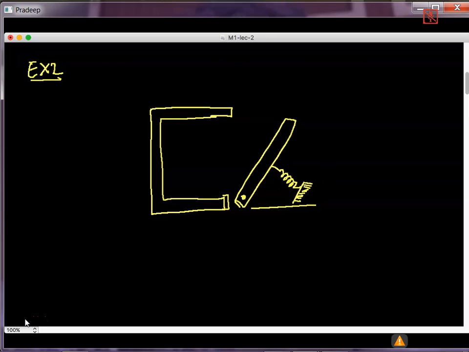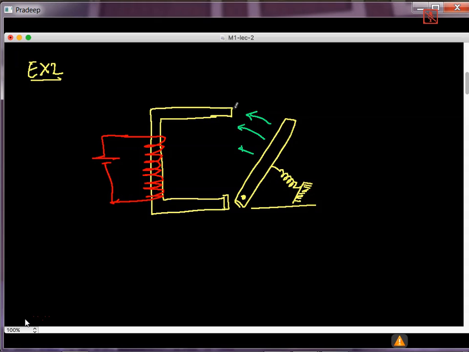Again, a very similar setup. I have a coil here, and then I have a voltage source. The moment I connect the coil to the voltage source, it will start conducting current and become magnetized, and it will attract the particular piece here, and it goes this way. So this is again conversion of electrical energy into mechanical energy. You might have seen these kinds of things.